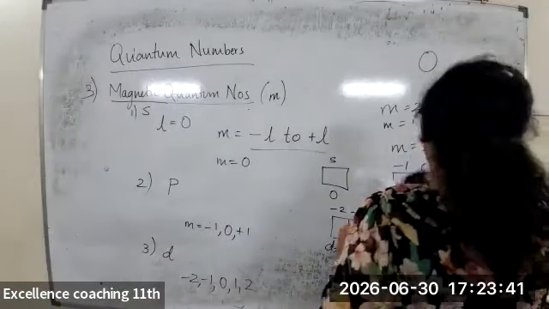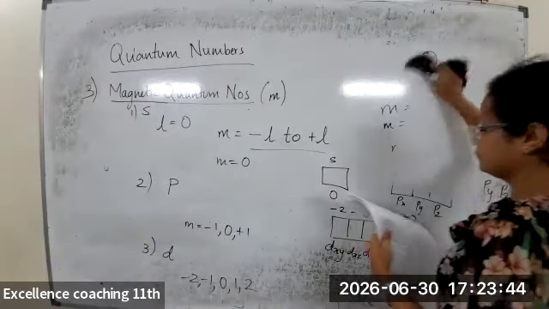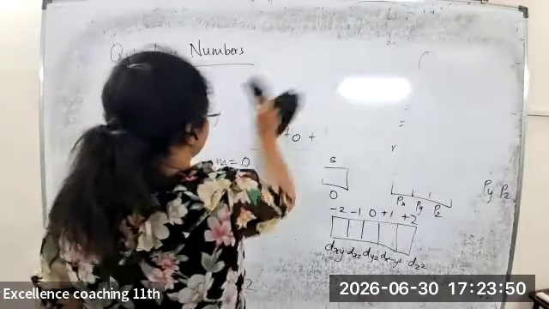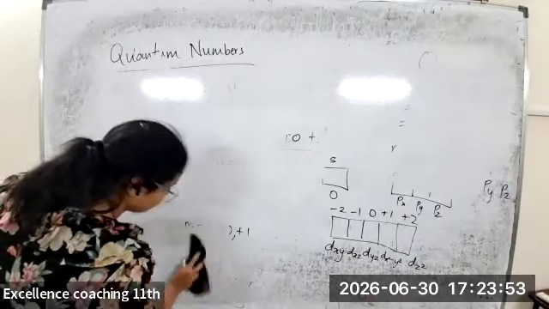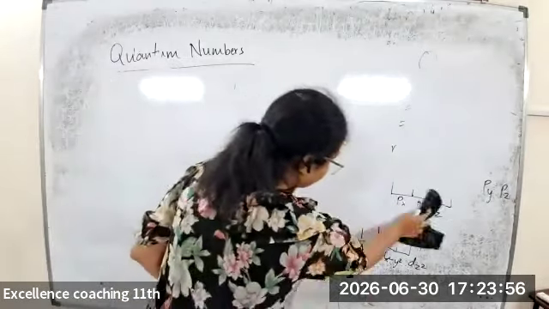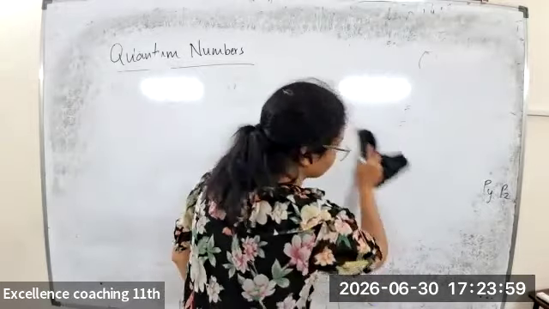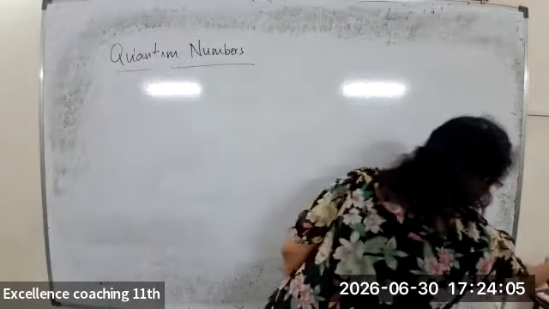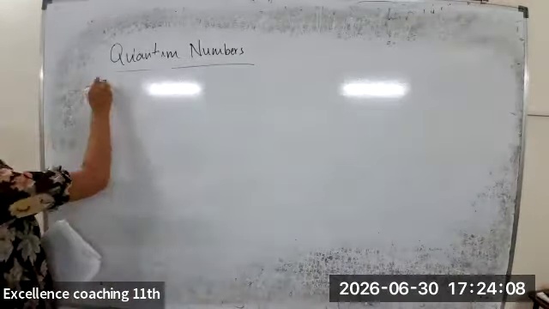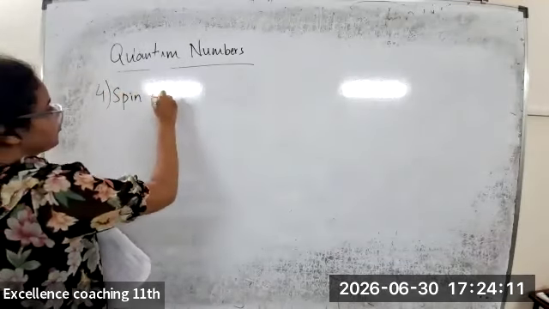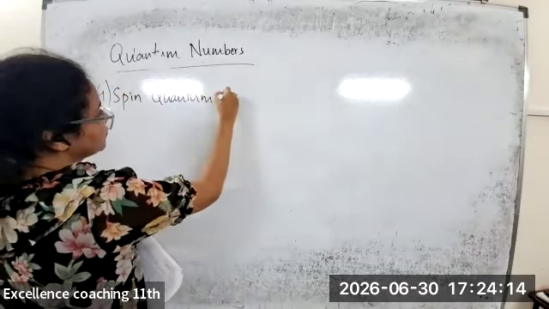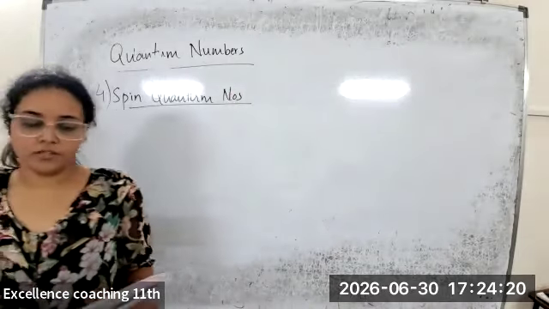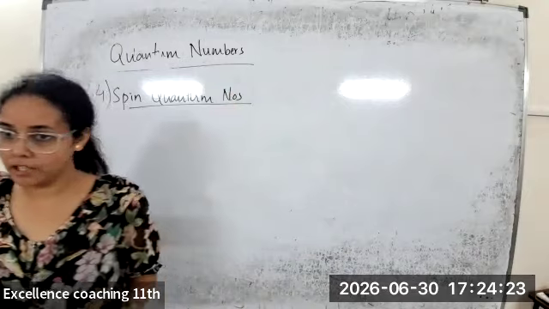So the last one is our spin quantum number. It gives the information about the spin of an electron.